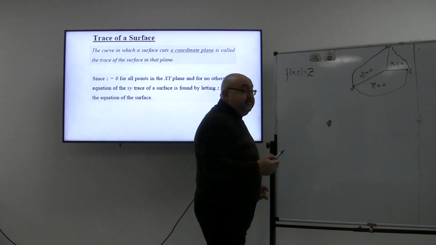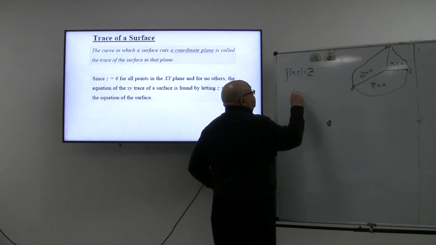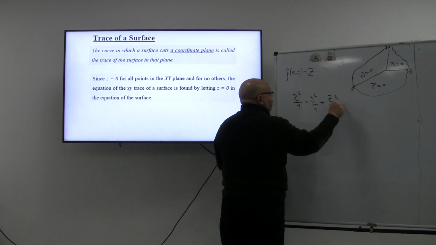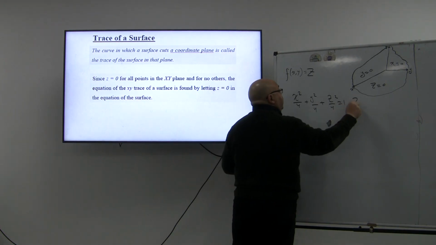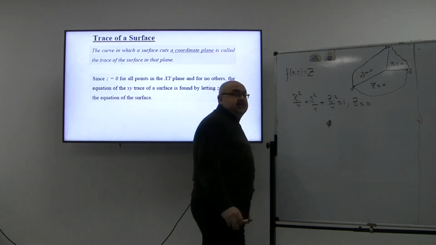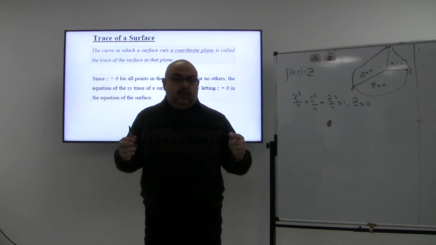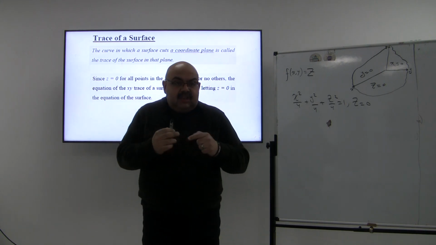So simply, if I have an equation for a sphere, x squared over 4 plus y squared over 4 plus z squared over 4 equal 1, and I want to find the trace with the xy plane, what's the shape that will appear at z equal to 0?